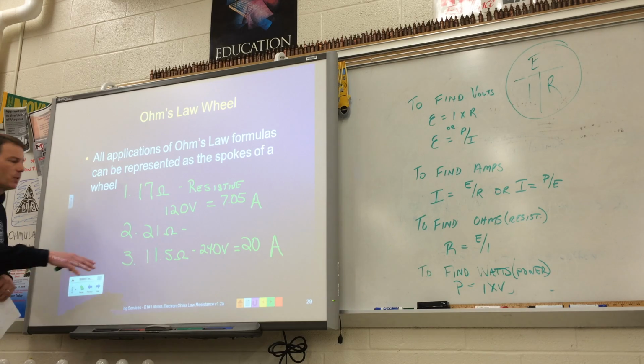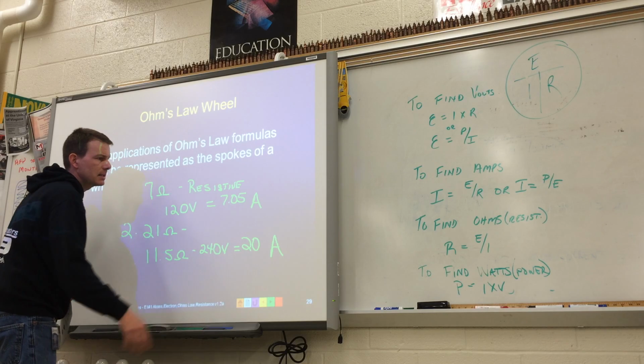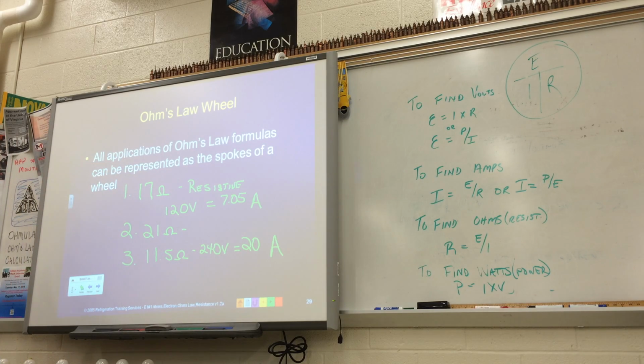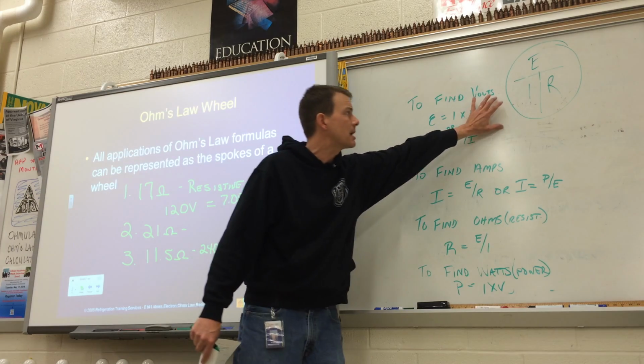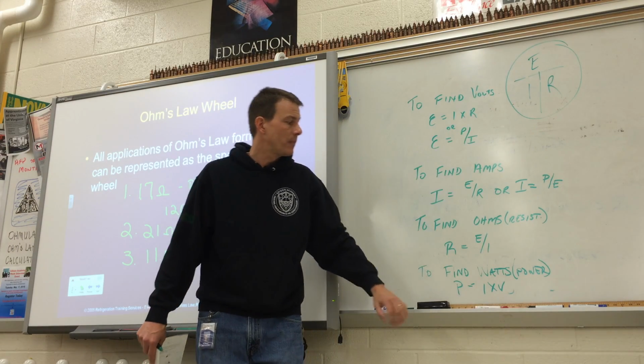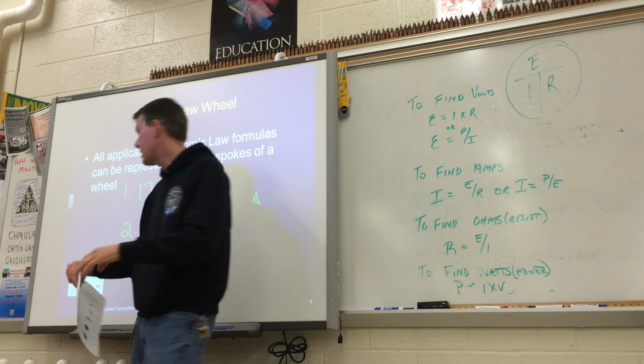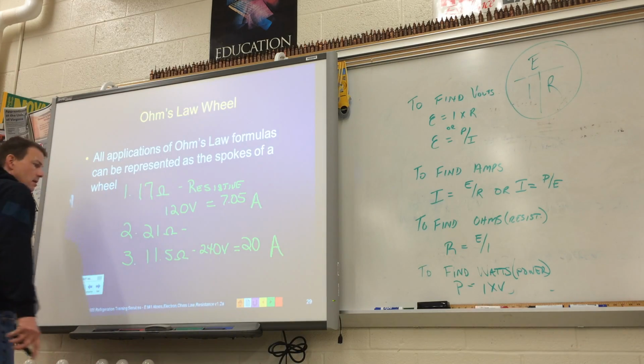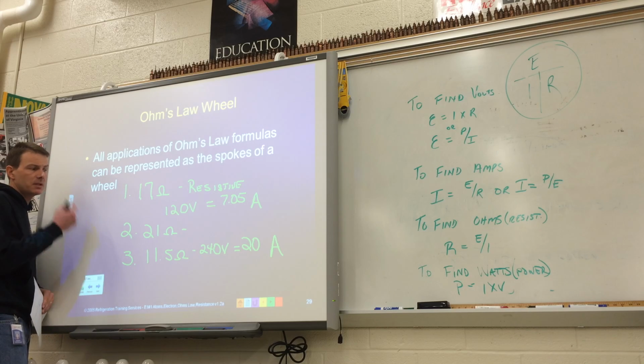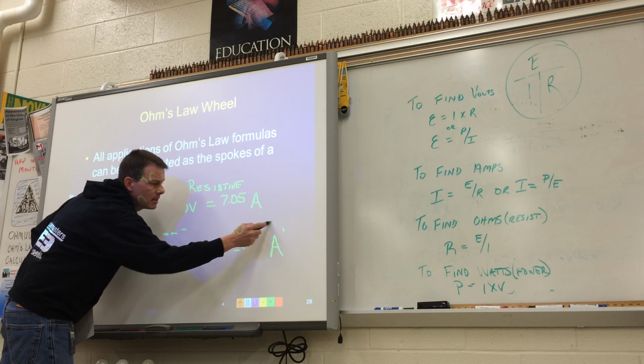How many watts would this pull? How can I figure out watts? It's not on this wheel. I have another wheel to show you, but it's not on this one. I times V. So what's I? Another word for I is intensity.